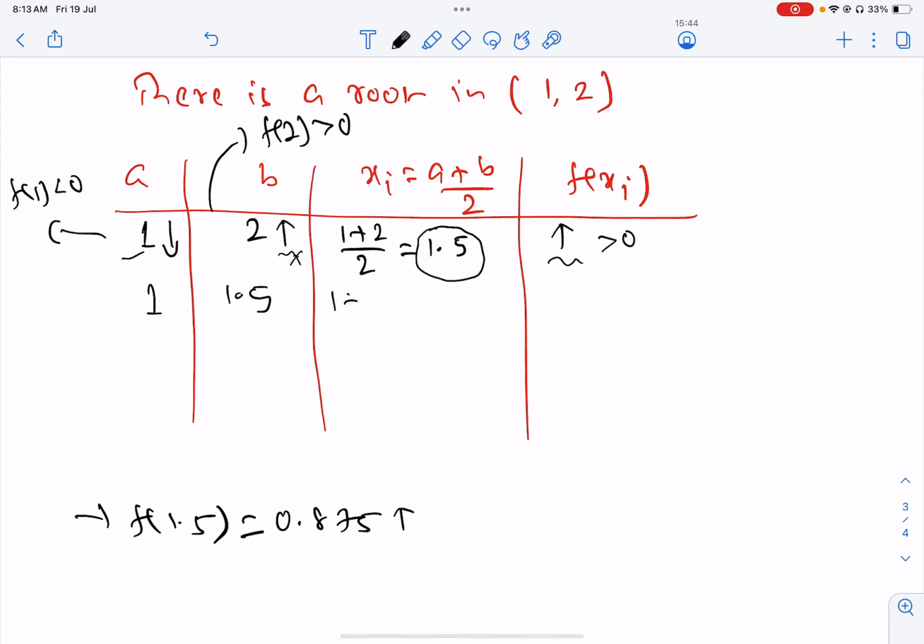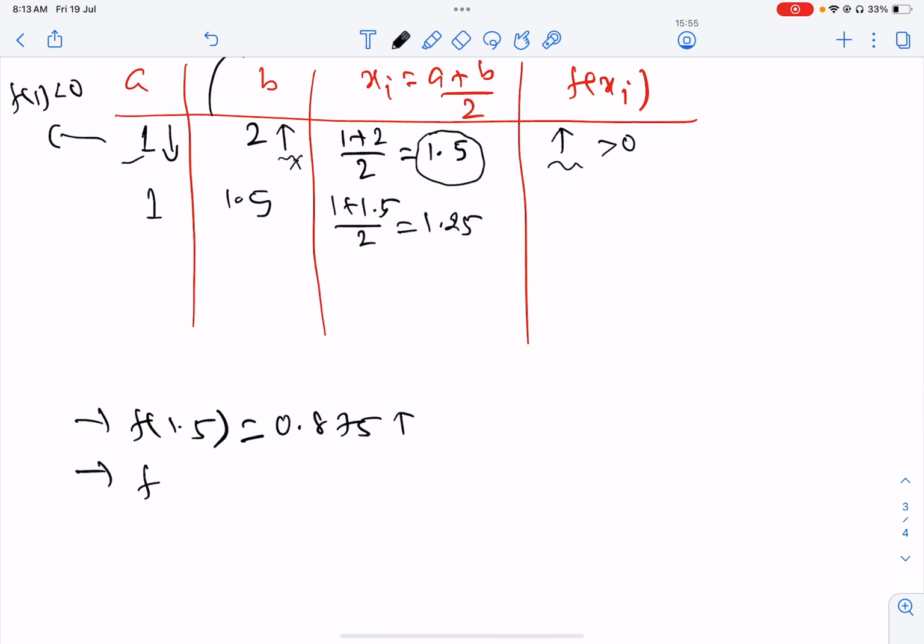So next you need to find 1 plus 1.5 by 2, and that is nothing but 1.25. Now you find the value of the function at 1.25. Use the calculator, you will find minus 0.29688. That means it is negative.